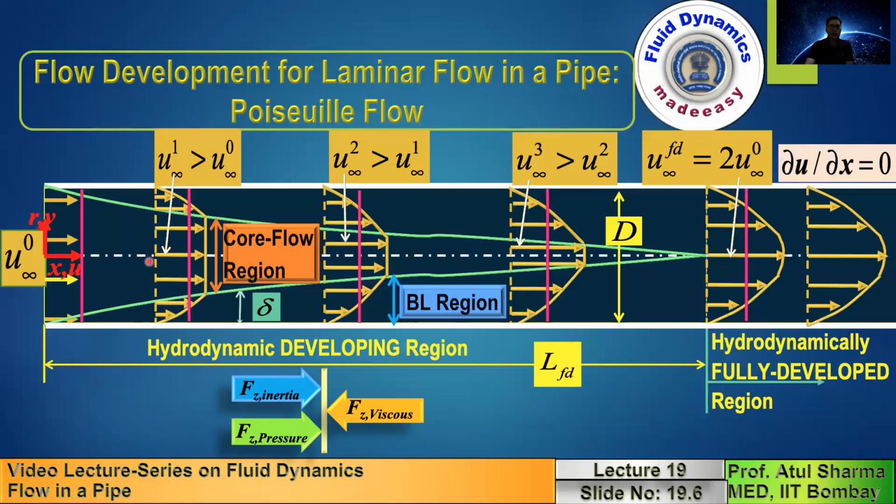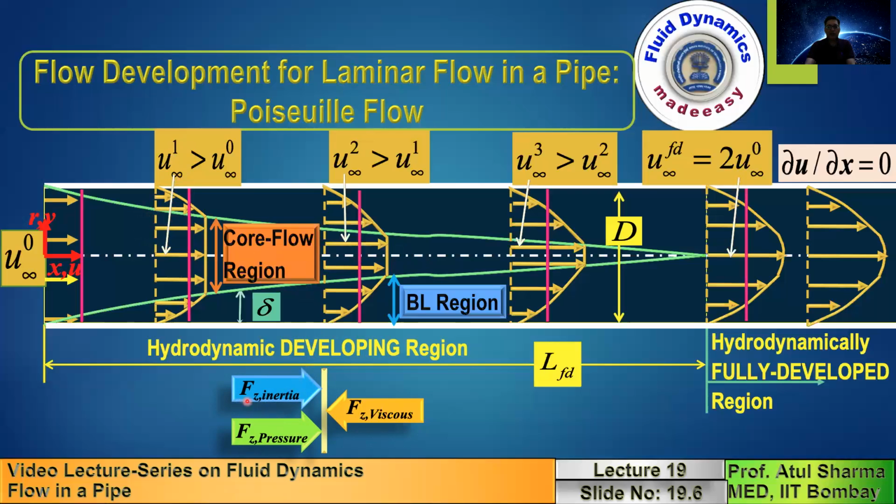Let us suppose this is the radius, then you take pi r square; u infinity 1 into rho into pi r square will give you the mass flow rate, and when you take the product with u infinity 1, it will give you the axial momentum flow rate. So as you move from one location to another, the axial momentum flow rate is increasing.